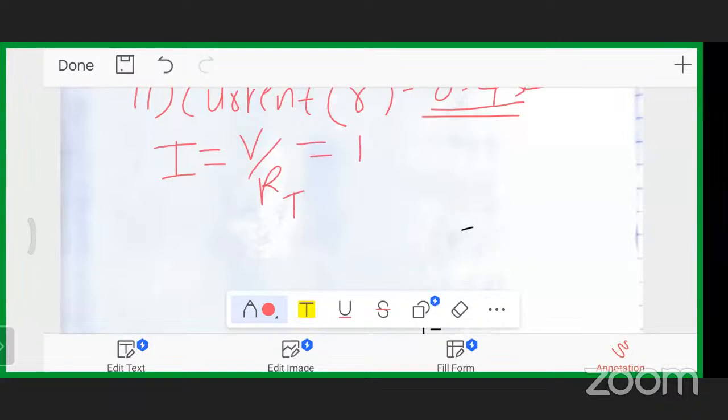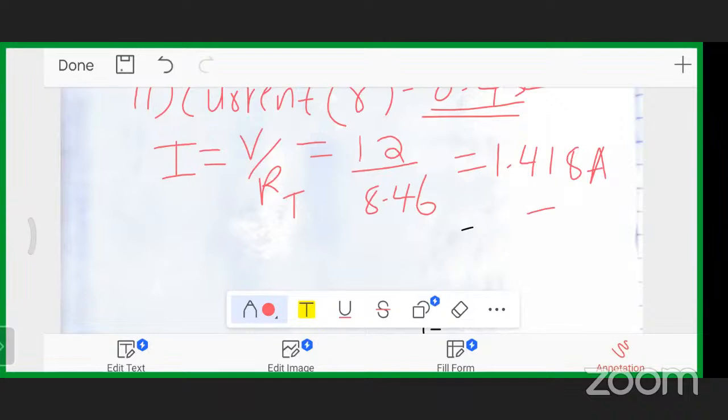V is given as 12, divided by R total, which is 8.46. This will give us the total current in the whole circuit. So 12 divided by 8.46, 1.418. Yes, that is the total current flowing through.